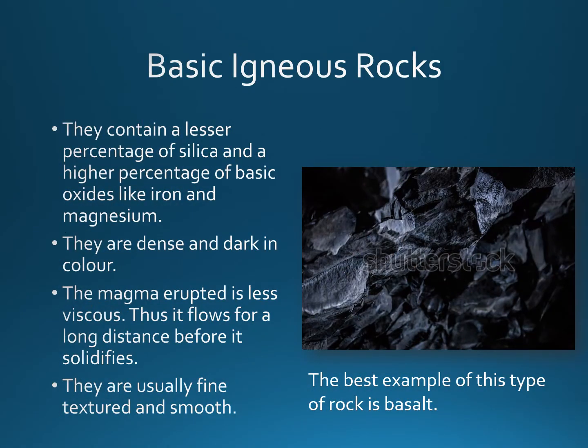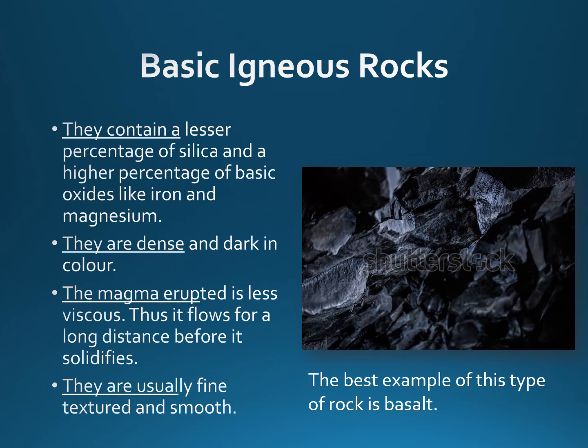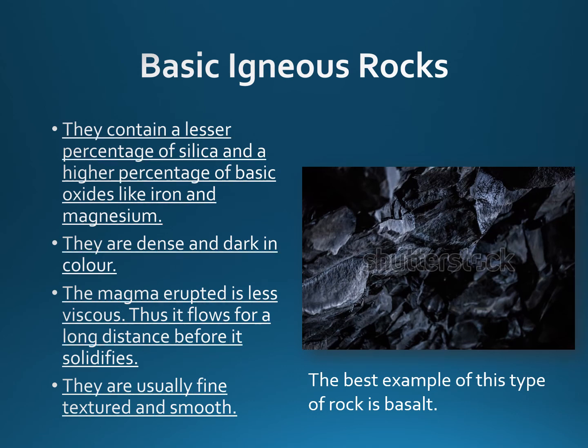The next is basic igneous rocks. Let's see the characteristics here. They contain a lesser percentage of silica and a higher percentage of basic oxides like iron and magnesium. They are dense and dark in color.